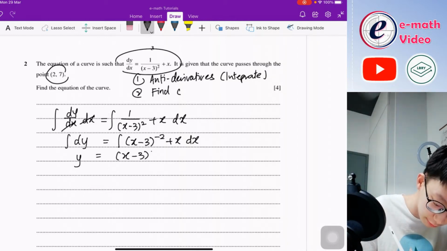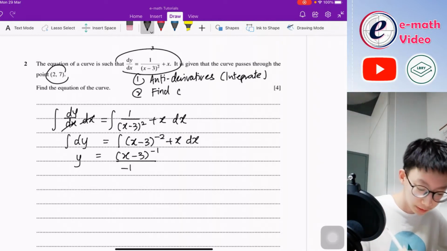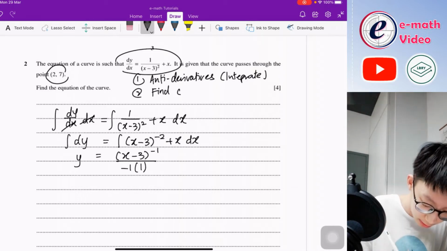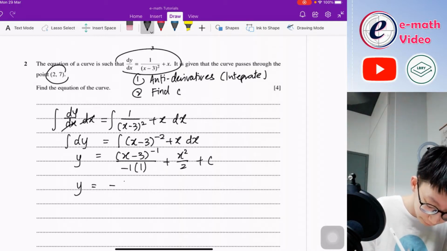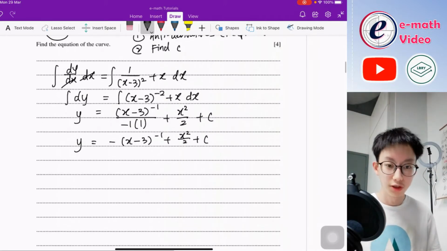Power plus 1 divided by the new power, then multiply with the derivative of the bracket inside, which is 1, plus x squared over 2, plus c. So write again: y equals negative 1 over (x minus 3), plus x squared over 2, plus c. So this is our equation.